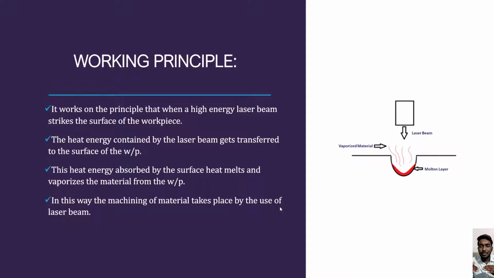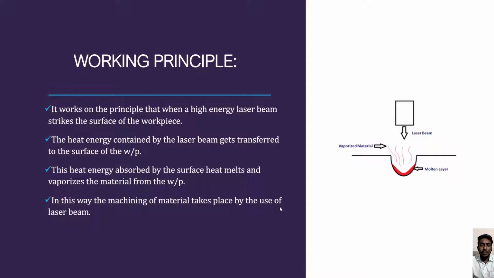Next, the working principle: when the high energy laser is incident on the surface of the workpiece, its thermal energy is transferred into the surface, the heat energy is absorbed, and the material melts and then vaporizes. In this way the machining is done in laser beam technology.